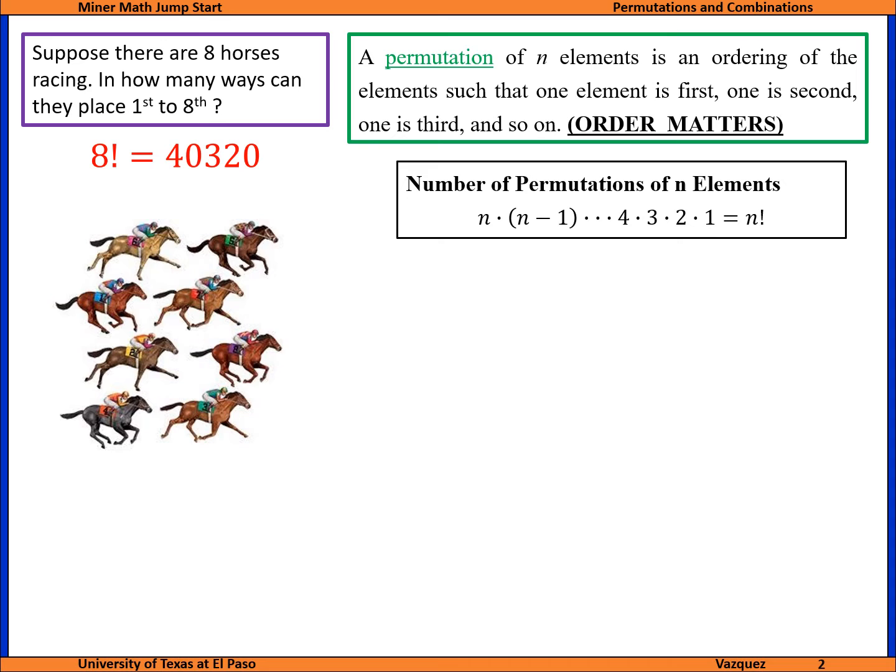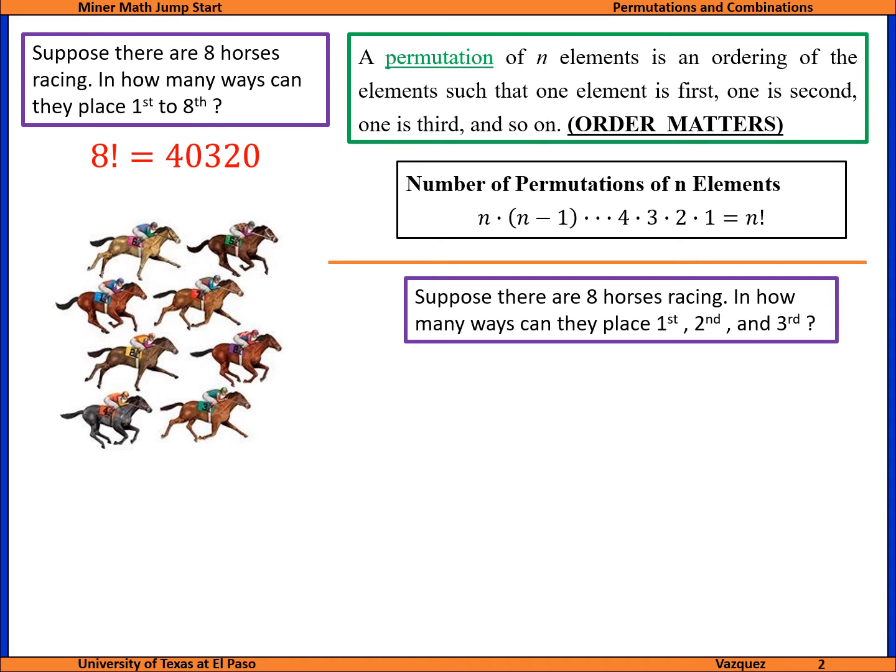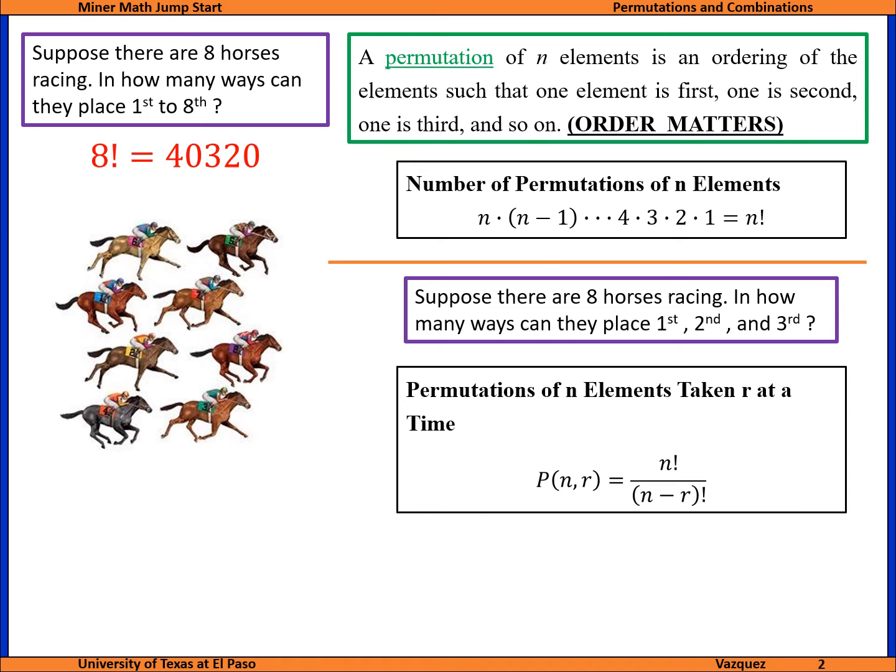Now, here's where it gets a bit more interesting. What if we were just interested in how many ways they could place first, second, and third? We don't care about the rest. Simply about first, second, third between those 8 horses. Here's where the new formula comes in. And this one is P. This is just notation of how we write it.